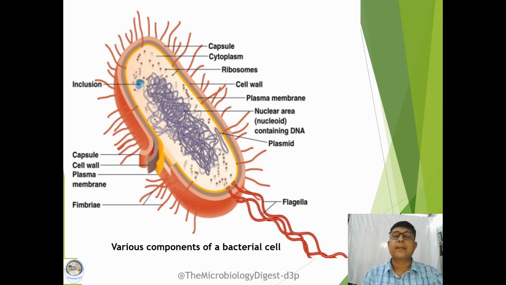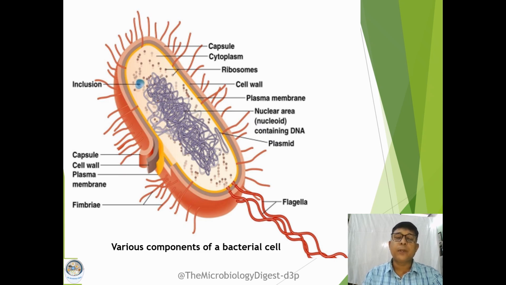Then the internal structures which are present in bacteria: the first one is the nucleoid, because this is not a true nucleus, in contrast to that present in eukaryotic cells. It is not a well-defined structure.